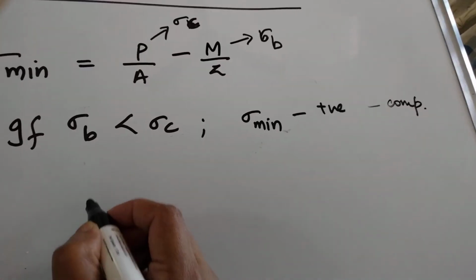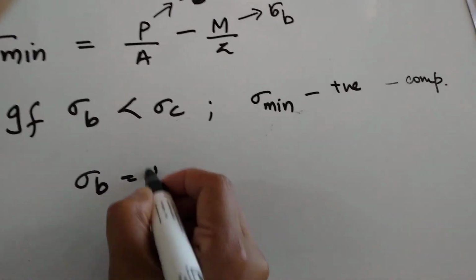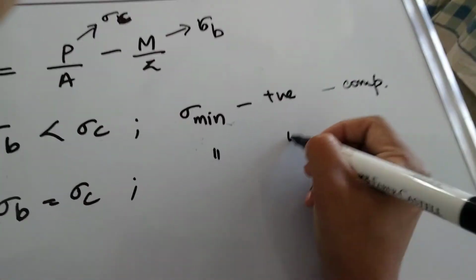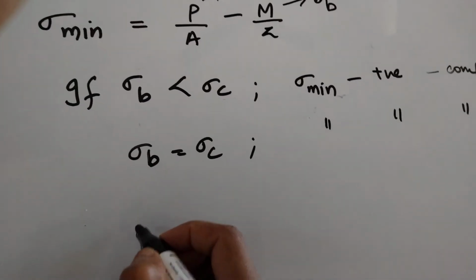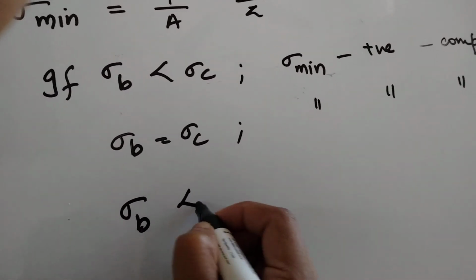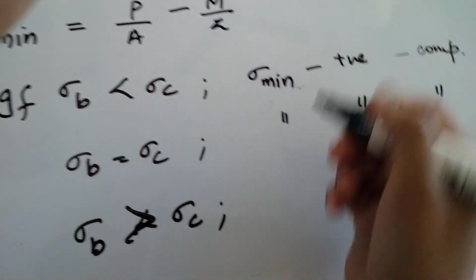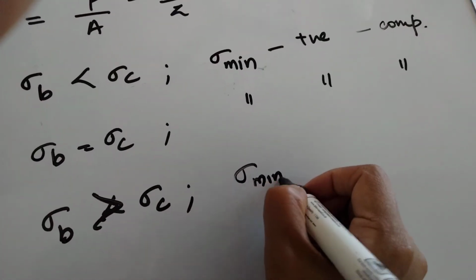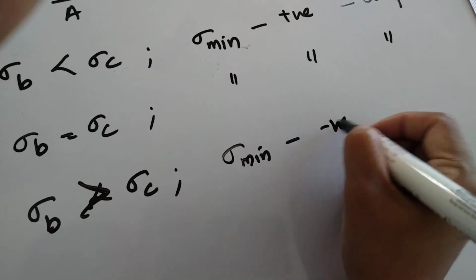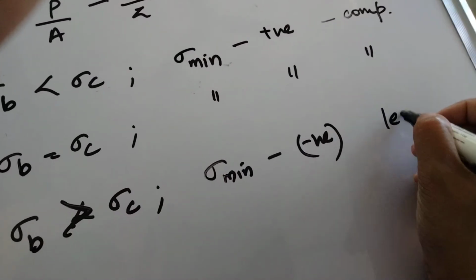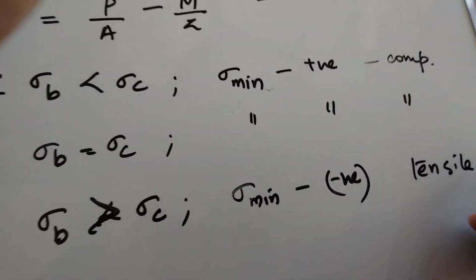If sigma B is equal to sigma C, also sigma minimum will be positive and the stress will be compressive. But if sigma B is greater than sigma C, then sigma minimum will be negative and the stress will be tensile in nature.